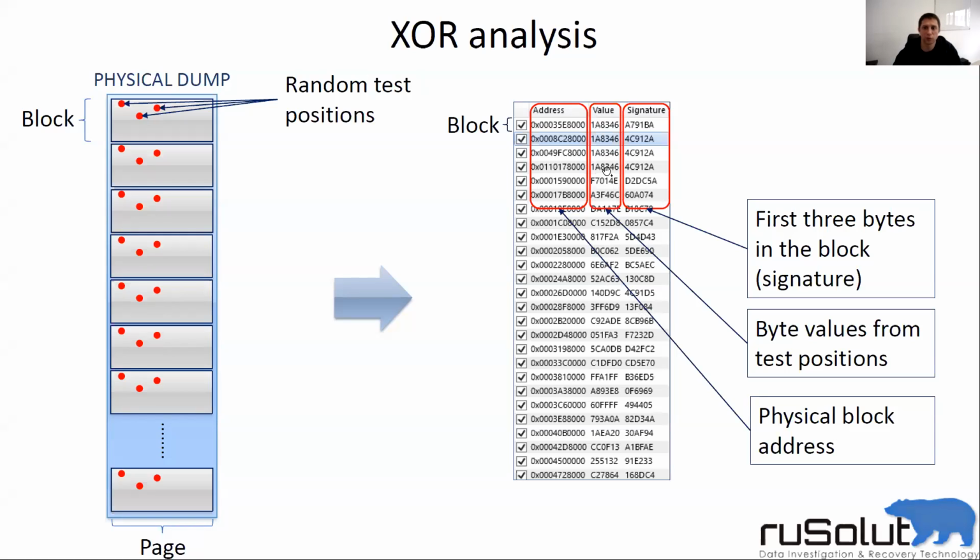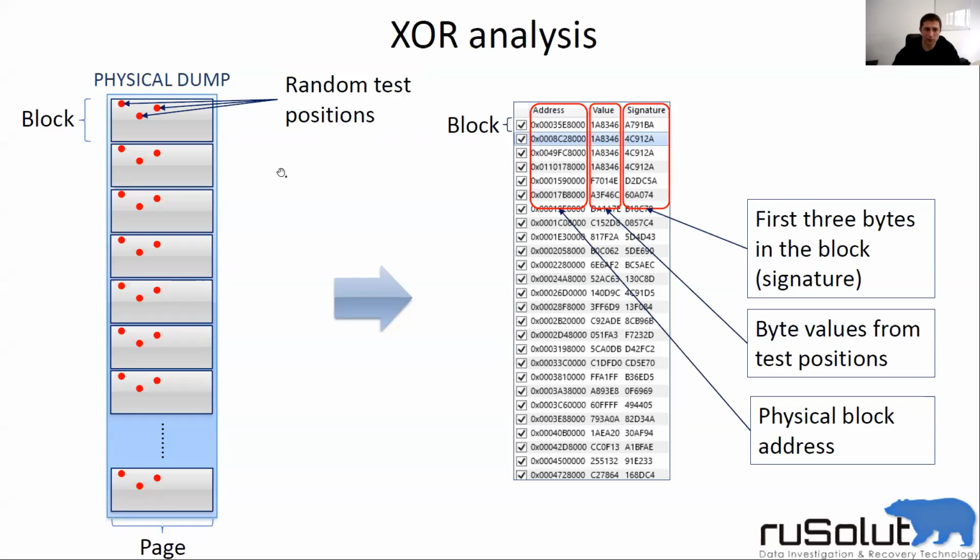That means that most probably the content of those blocks will be the same, since these 3 values are the same. It's not 100%, but the probability is very high, and you'll see this later. And the signature is the first several bytes, first 3 bytes of the block. We use this word signature for XOR keys, and it's the start of the XOR key, the first 3 bytes of the XOR key.